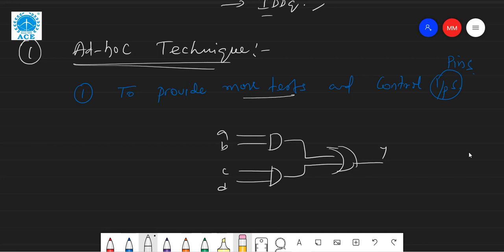This is generally called the input pattern or test inputs. In this case, for example, I have a fault here, which I discussed in the last class, and I am naming it Z. This is the fault.